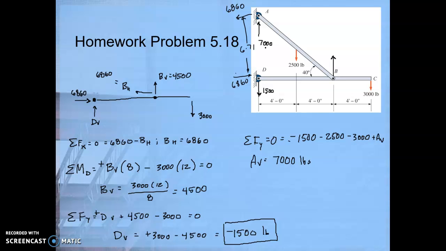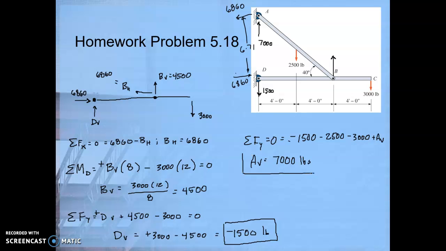So again, this exemplifies a couple important things. One, we didn't know these vertical reactions when we started the problem. That's okay, just move on. Eventually, you are going to be able to determine what they are. And this is the first example in which the assumed direction of a reaction force was wrong. By solving it, we got a negative answer, and so that means that we need to change the direction of our assumed force.